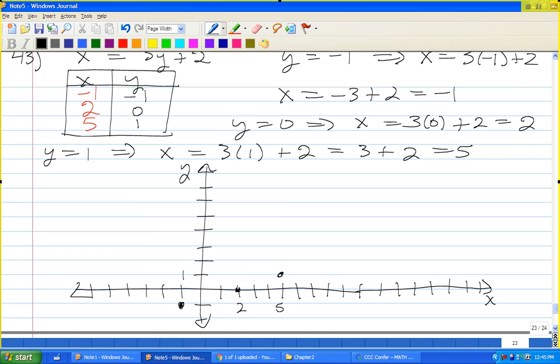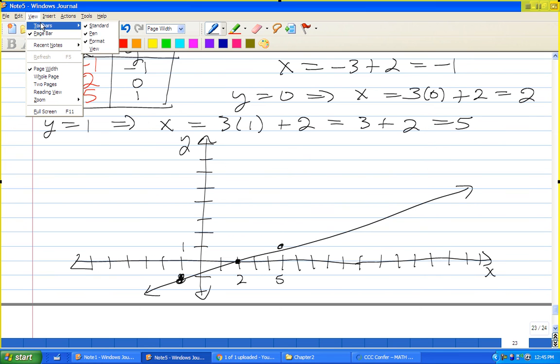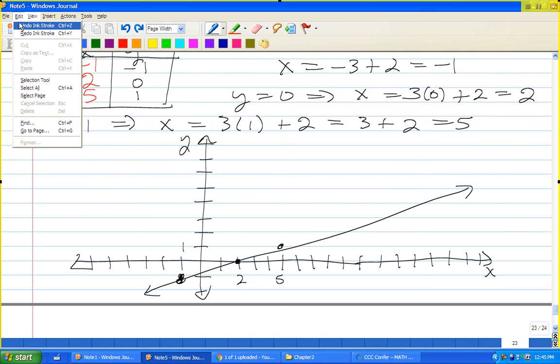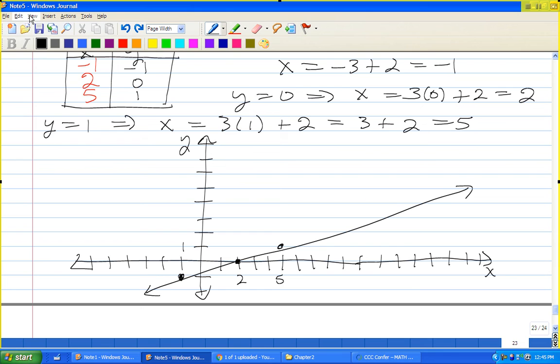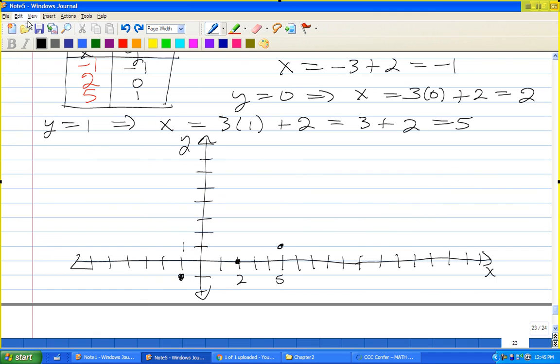And so it should look like this. Good enough. I sort of missed them all. Let's see if I can get them.